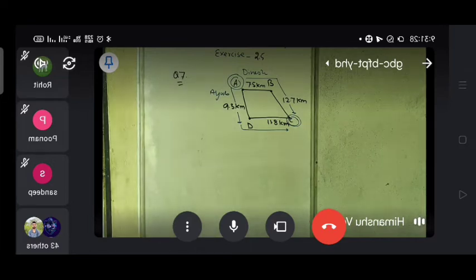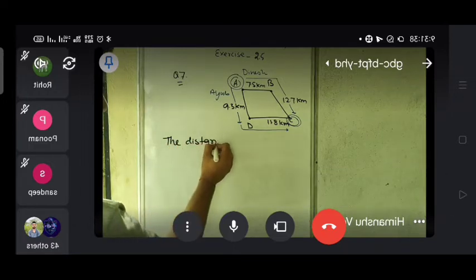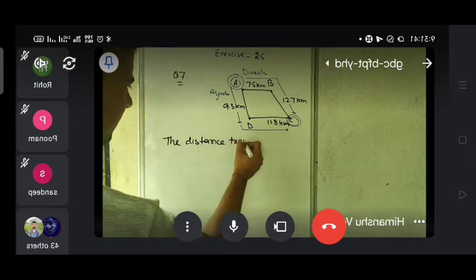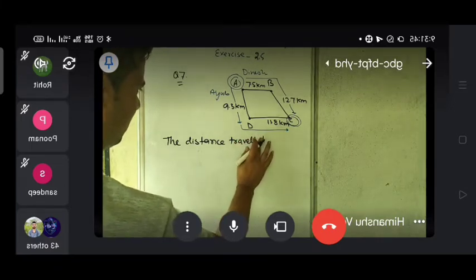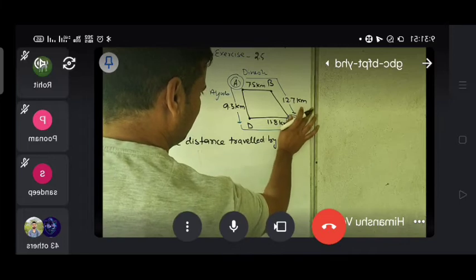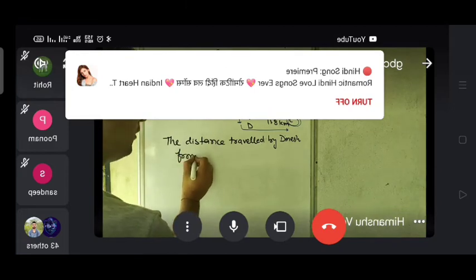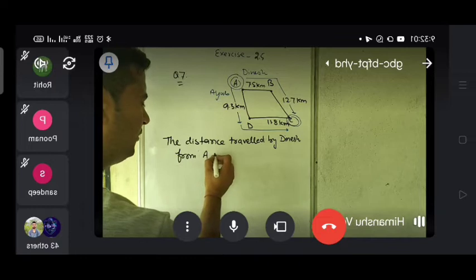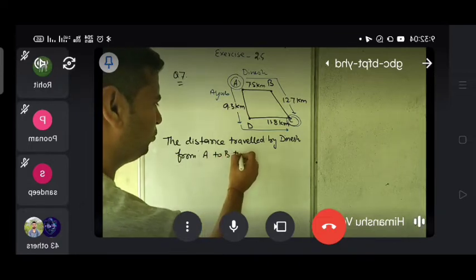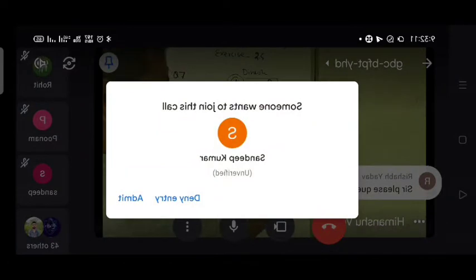Now look at this. First of all, the distance traveled by Dinesh from A to B to C. We can write it completely as A to C via B. Now the distance is 7.5 plus 12.7.